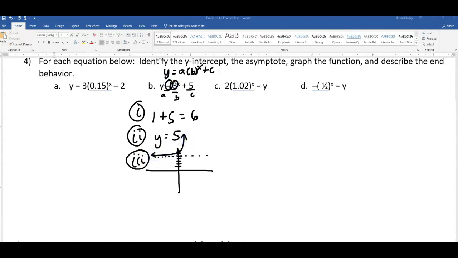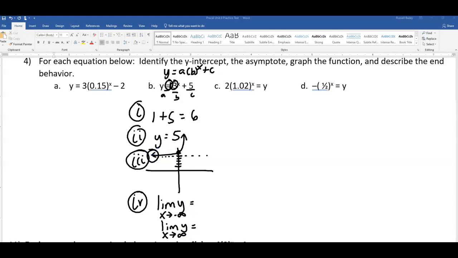Now something I forgot to do for part A is I forgot to do the end behavior, but I'll go ahead and do it here. This is how we write end behavior. You're always going to start off with these two things. Same expression written twice, it's just that one has a negative infinity and one has a positive. The one with the negative infinity, that means we're looking at the left side of the graph.